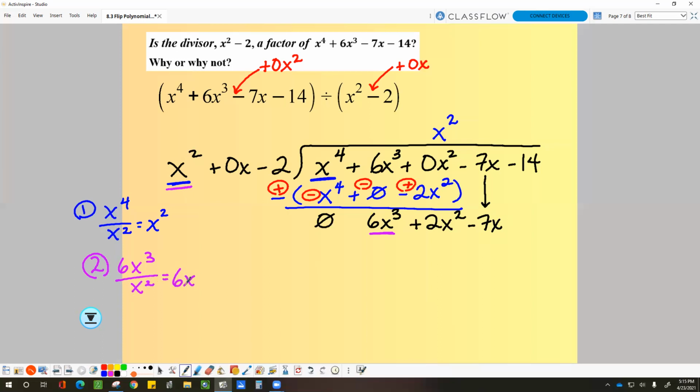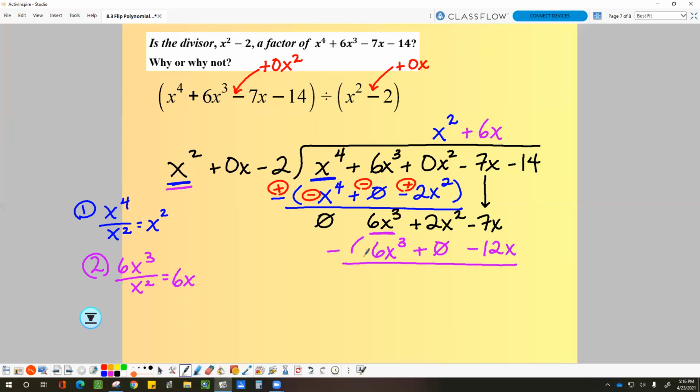So I add plus 6x to my quotient. 6x times x squared is 6x to the third power. 6x times 0 is 0. 6x times negative 2 is minus 12x.